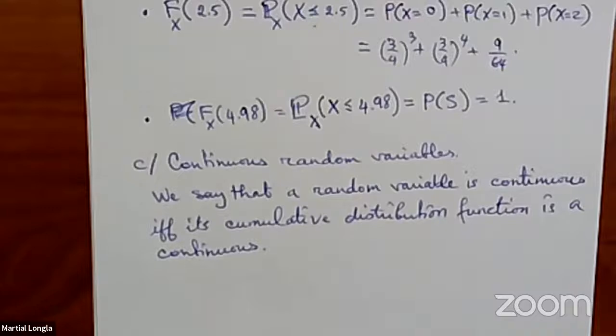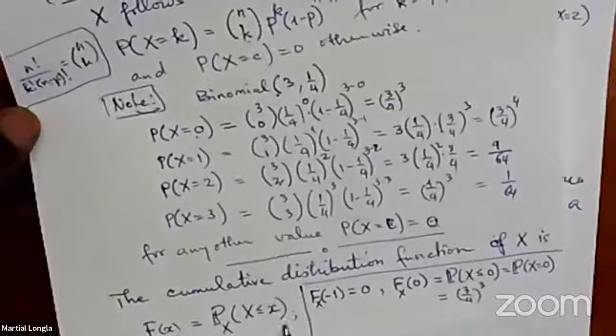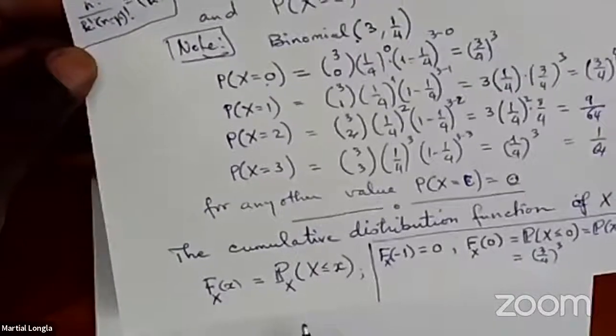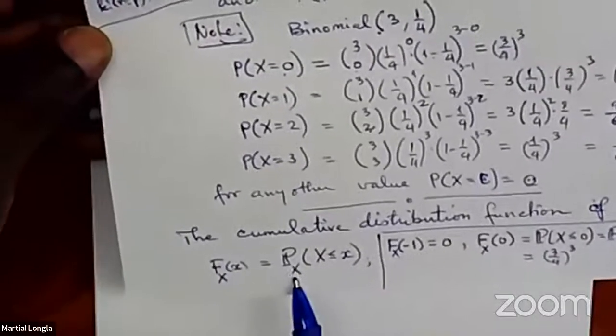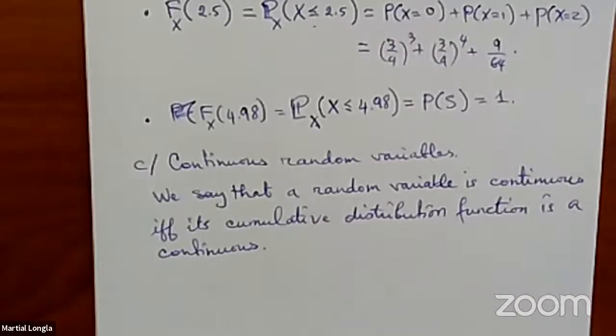So if that cumulative distribution function, which is this function that we have been working with in the example, if this F_X that we define here, if that F_X is a continuous function, then we say that the random variable that we are dealing with is continuous.